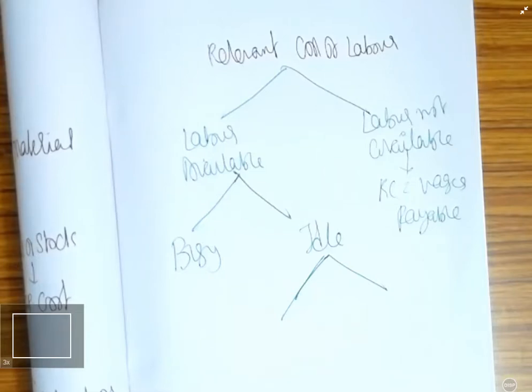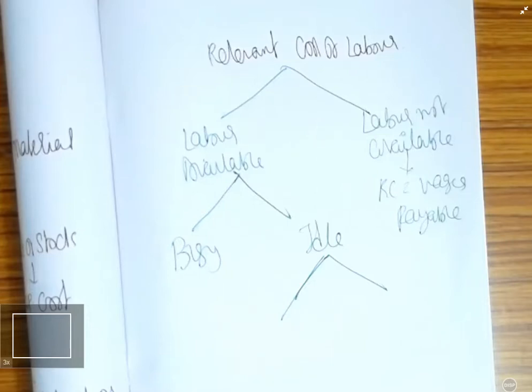A classic example is an article assistant. Whether you have work or not, you may have to continue for those 3.5 years. You cannot terminate them in between saying that I don't have work. Idle means work is not there. When work is not there in the factory, can the laborers be terminated or not?